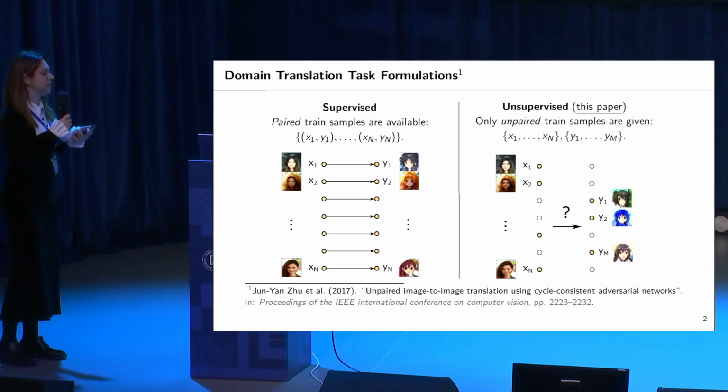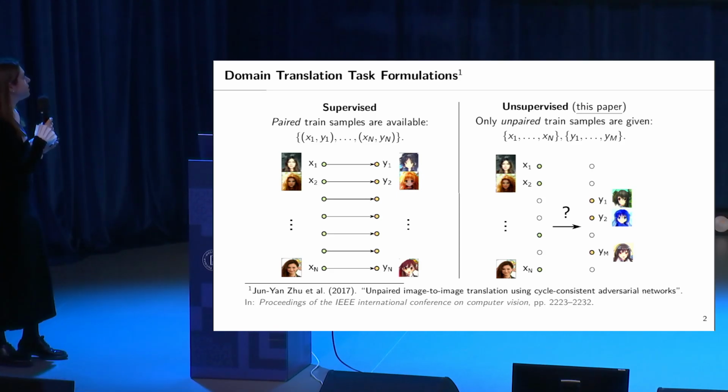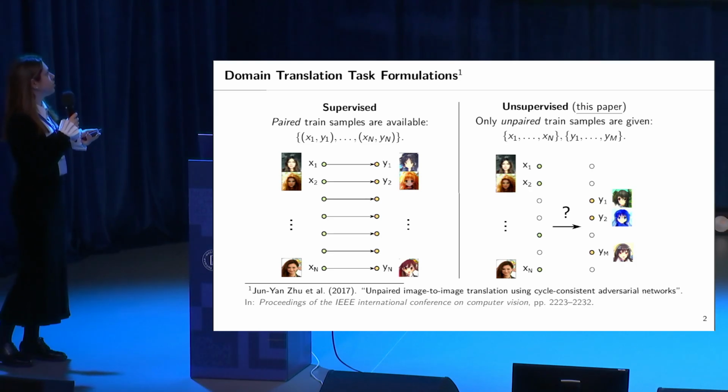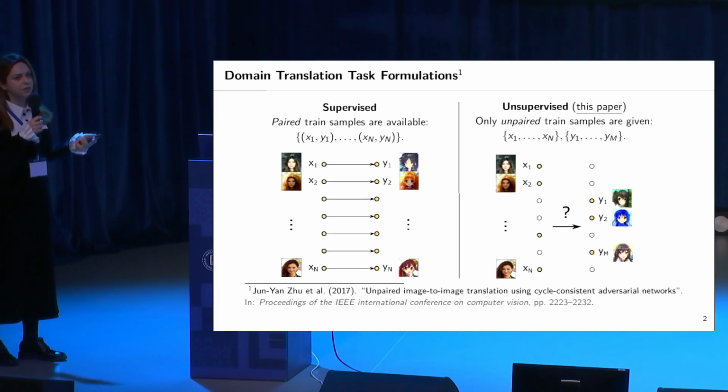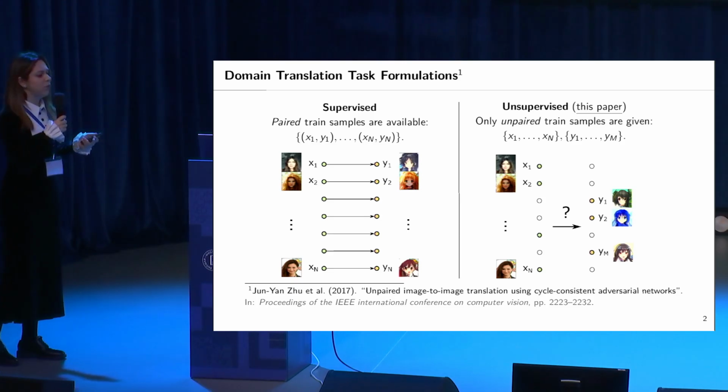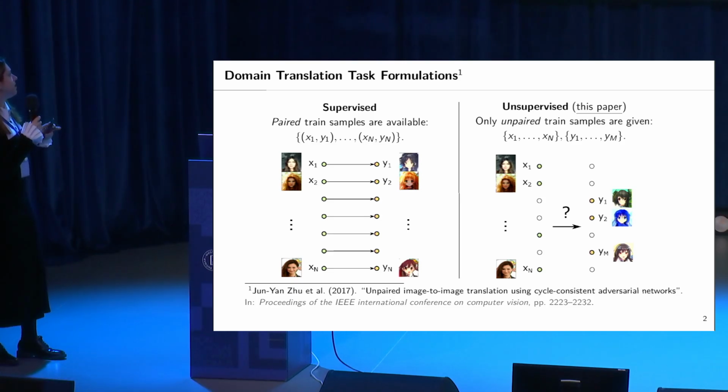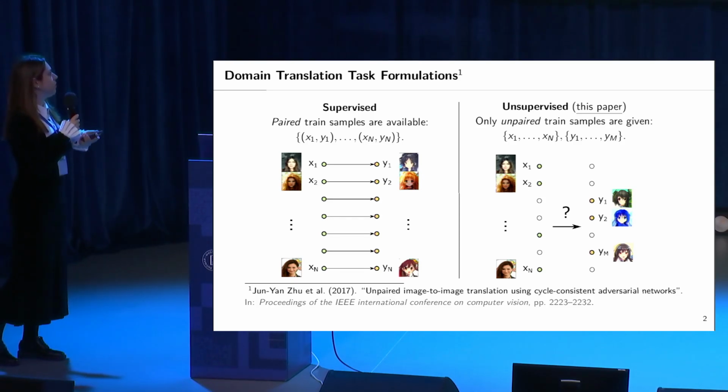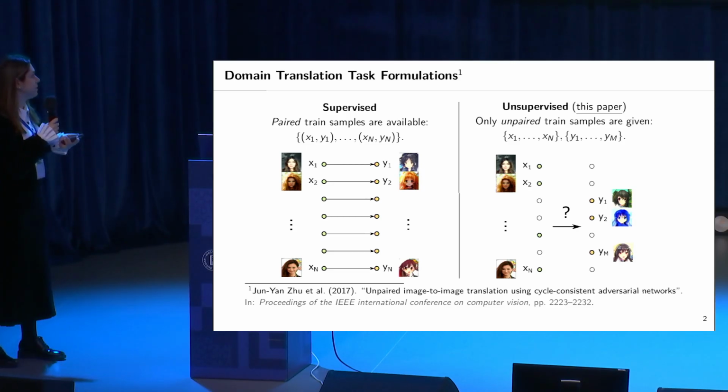For example, it is difficult to obtain pairs or something else. So the task should be solved using unpaired, unsupervised techniques. In this case, the learner is given only unpaired, independent samples from the input and target distributions and needs to somehow estimate the translation map given only these independent samples.